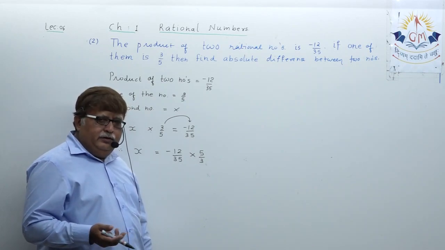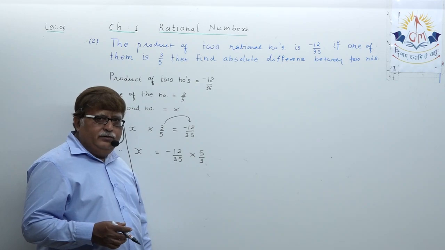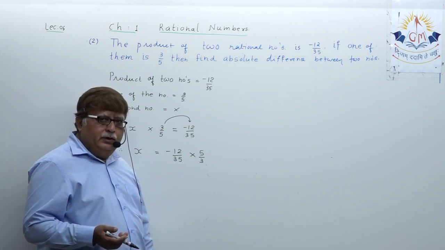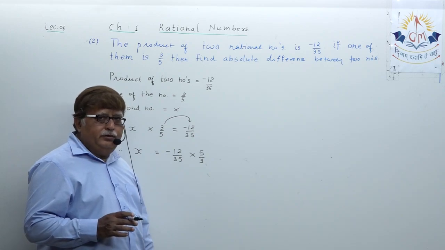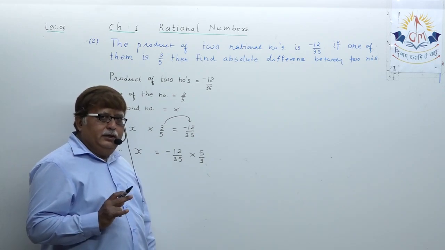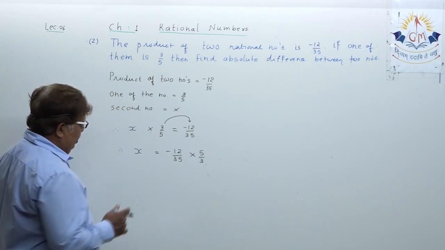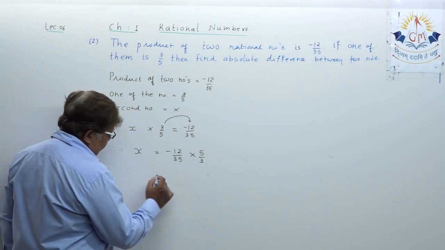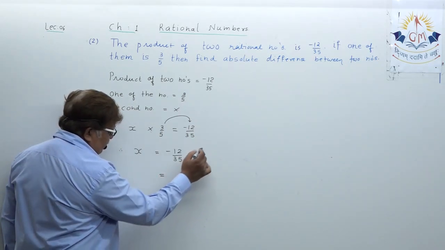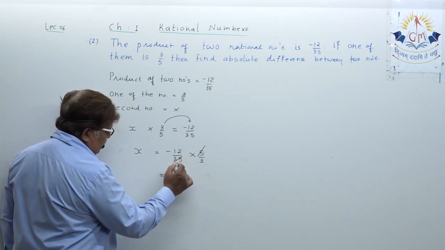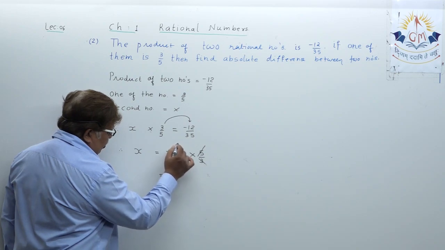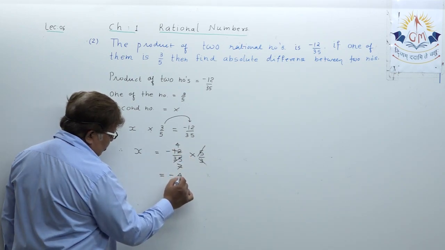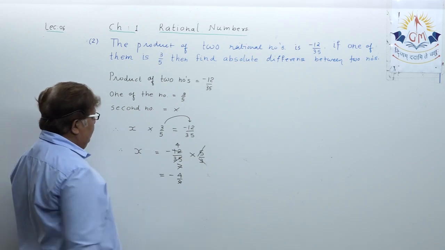That doesn't mean that what I say you must follow. What you should do needs to be conceptually correct. That is your responsibility. Now dear student, let us cancel. 5 7s are 35, 3 4s are 12, minus 4 upon 7.